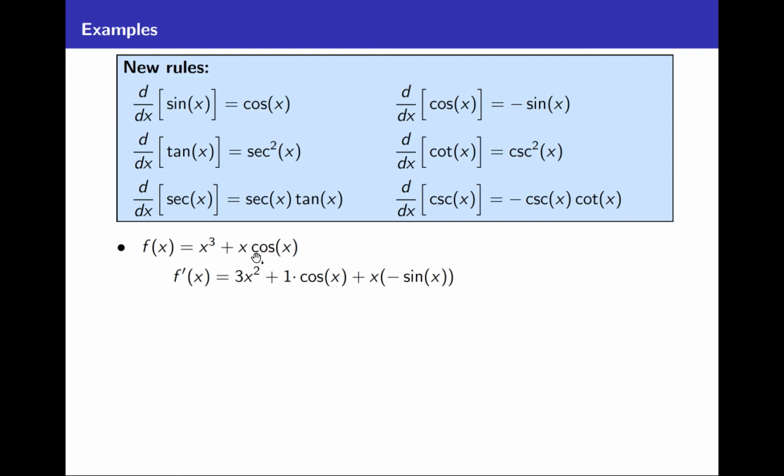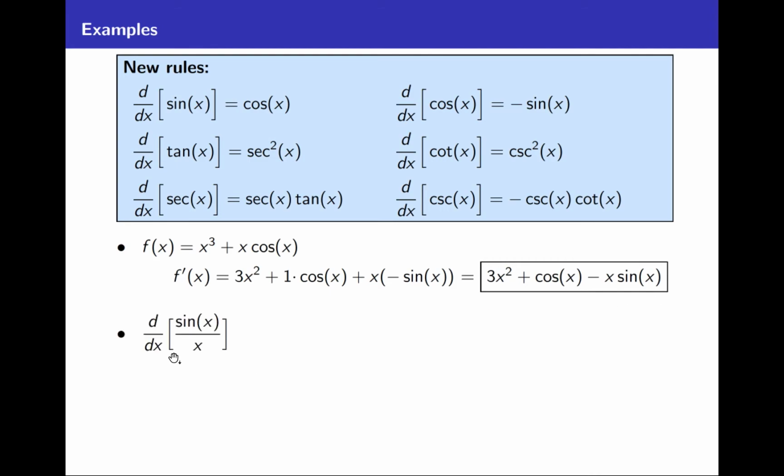So in the product rule, you take the derivative of the x, which is 1, times the second function cosine x, plus the first function x, times the derivative of cosine x, which we know from our new rule is minus sine of x. So our answer is 3x squared plus cosine of x minus x sine of x.